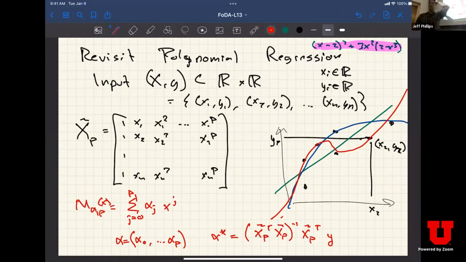Okay, and as I increase my value of p, I'm expanding this matrix and getting more and more powerful, more and more flexible functions. I have more degrees of the polynomial, and eventually I'm going to fit the data exactly. It'll eventually go through every one of these data points, right?